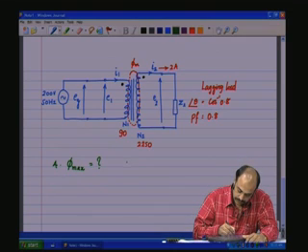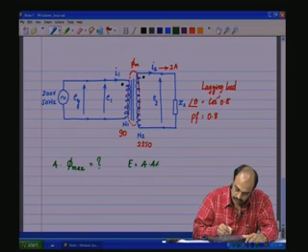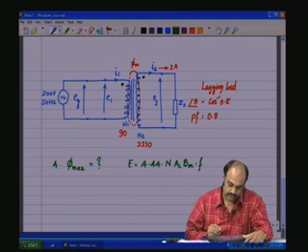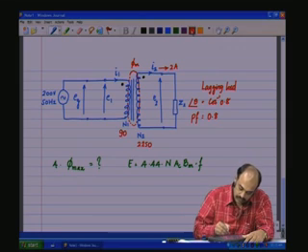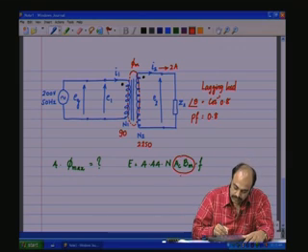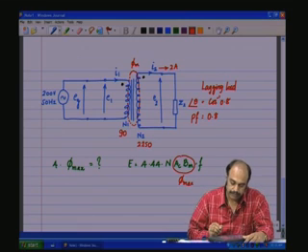So, we know that E is equal to 4.44 N AC BM into F. What is this one? Flux density into AC is nothing but phi max or phi m.